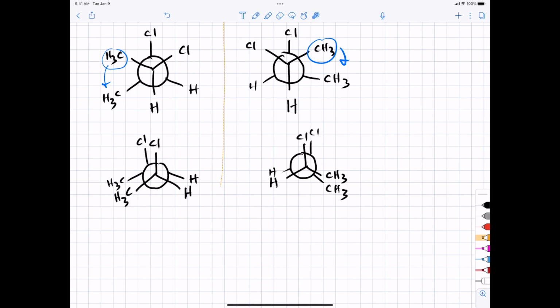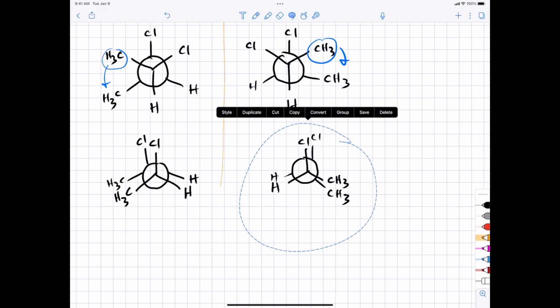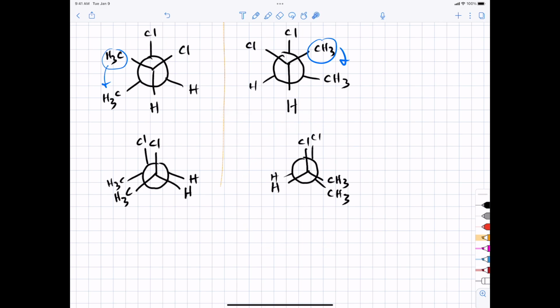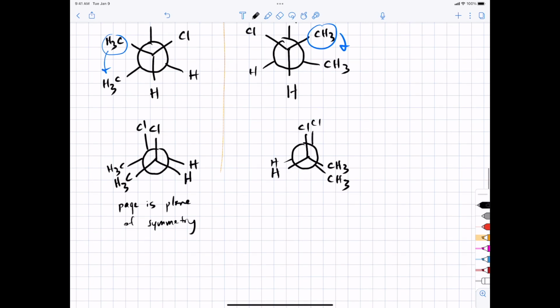All right. Now, you might still think that they are mirror images of each other, and they are, but when we're in this point of view, we can see that the page itself is the plane of symmetry. And that's true here on the left as well.